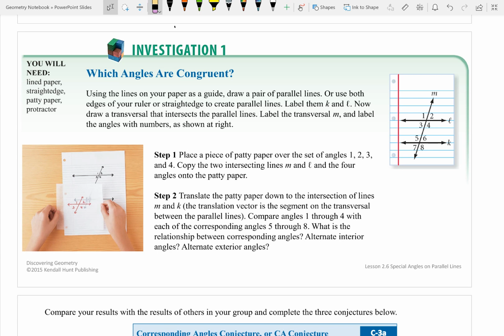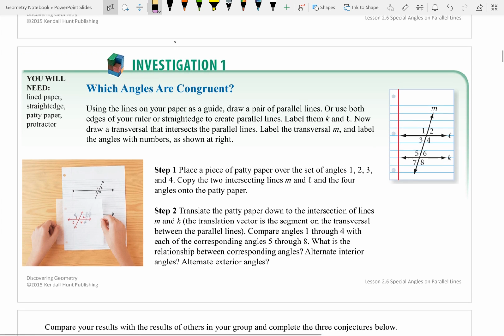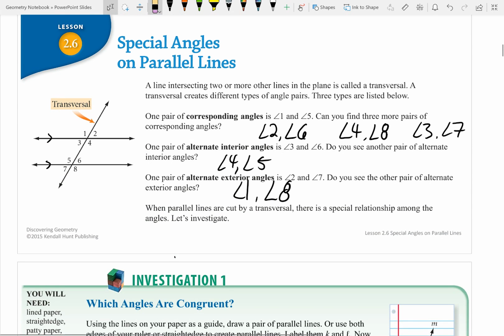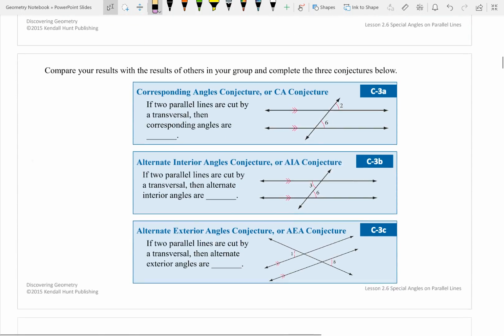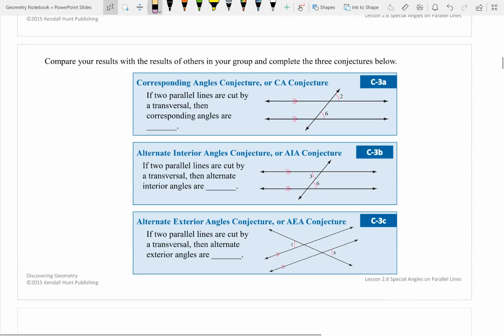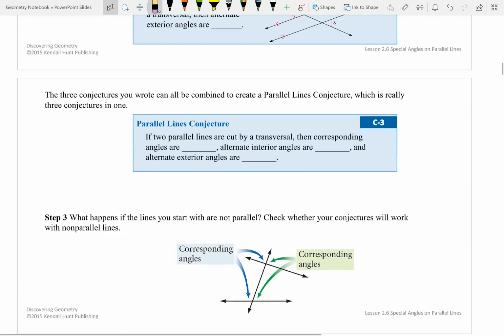What about the alternate exterior angles? If you need a reminder of what those are, go up here and it shows you a list of all of them. So you need to test, how does 3 and 6 compare? How do 4 and 5 compare? How do 1 and 8 compare? So on and so forth. When we do that, we compare our results with the group and complete the conjectures below.